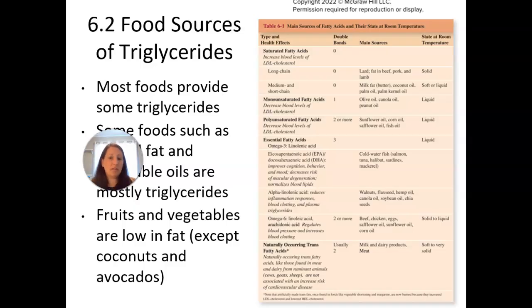So coconut oil does have saturated fats. Again, they tend to be medium and short chain fatty acids. They do raise blood LDL levels. Coconut oil, as with other medium and short chain fatty acids, has also been shown to raise good cholesterol levels, so HDL levels.